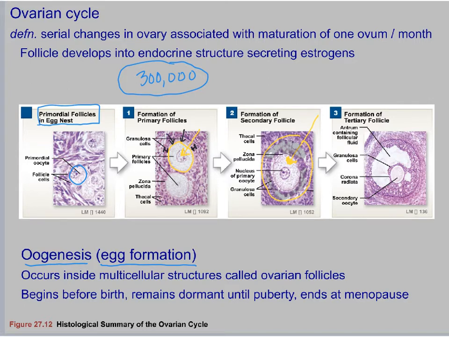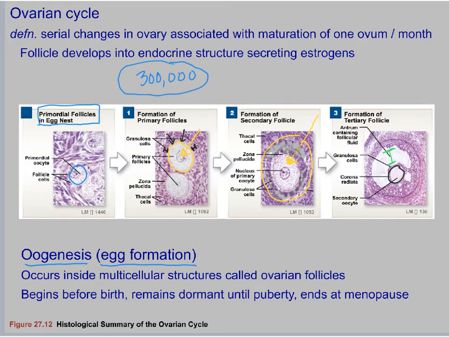Then in number 2, that oocyte starts to break away from the wall of the follicle. And you really begin to see that also, or it's very obvious, in number 3 here. So again, here is the oocyte, and all of this space here is an area called the antrum, and that contains fluid.